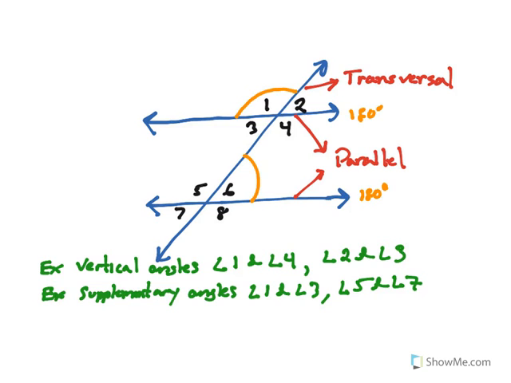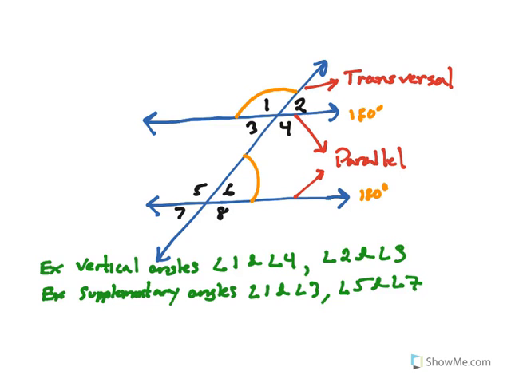And those are called alternate exterior. Think of this line, right? Angle 1 is to the left of the line, angle 6 is to the right. So that's the exterior, outside of that line. So those are called alternate interior. Okay? Alternate interior.